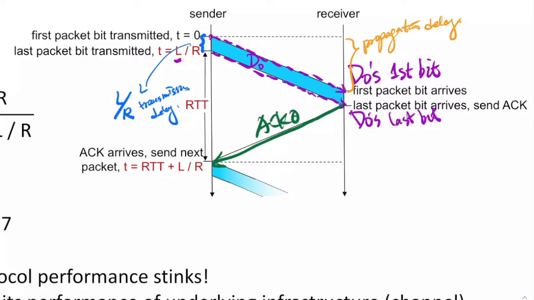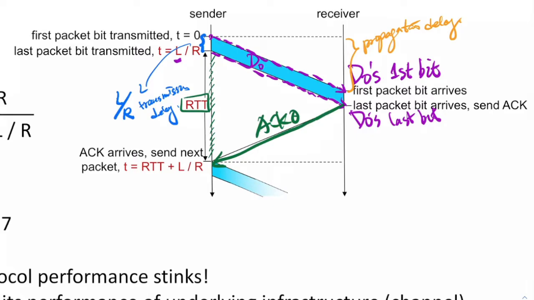We assume it is a very small packet, so we can ignore its transmission delay, but it still takes time to travel from the receiver side to the sender side. So we mentioned before, if we send a small packet from the sender to the receiver and the receiver sends a very small packet back to the sender, this time is called round trip time, RTT.